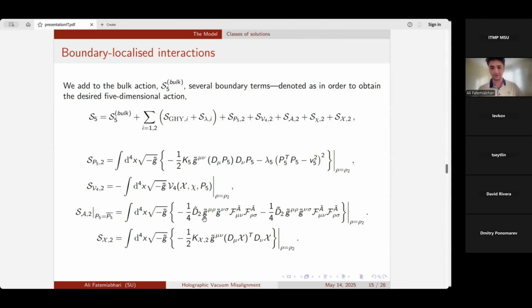For example, we introduce kinetic terms for the gauge field at the boundary. And here we want to introduce a potential for the Higgs coming from interaction with other fields. And this potential will basically break the symmetry explicitly.